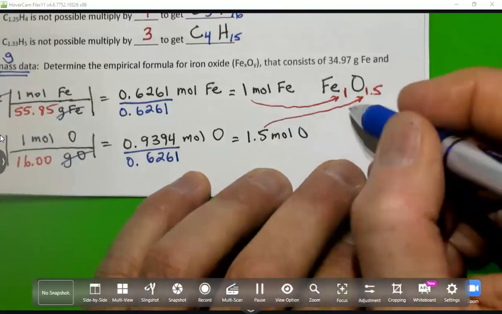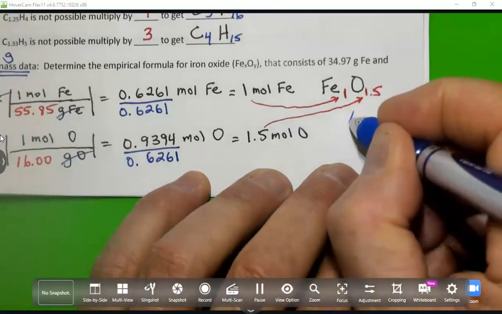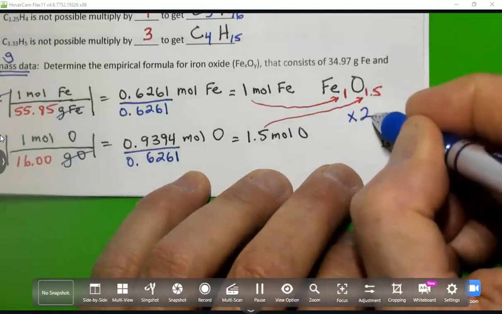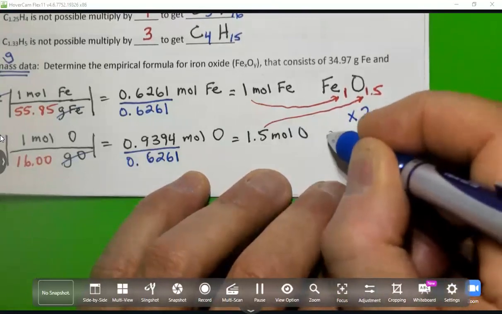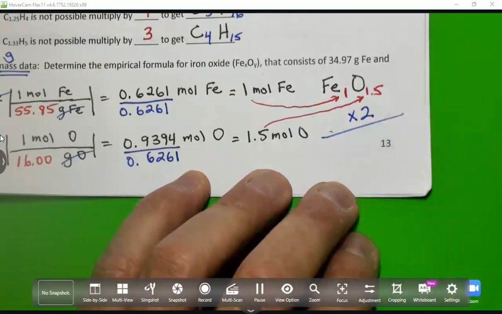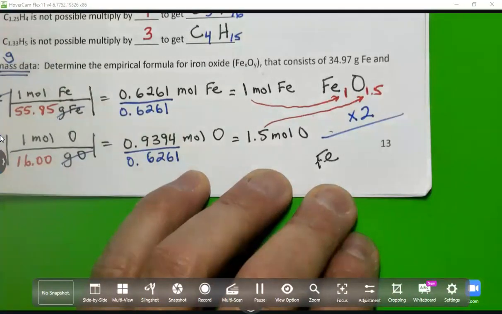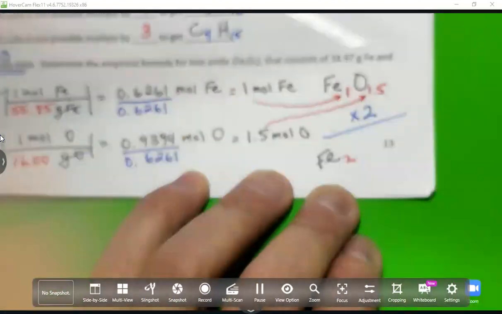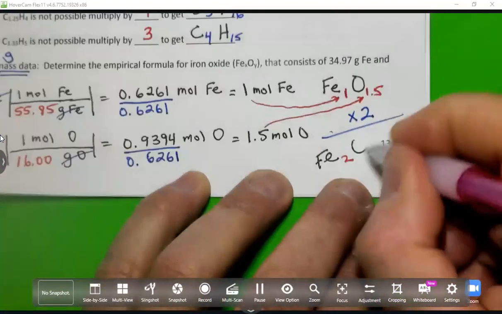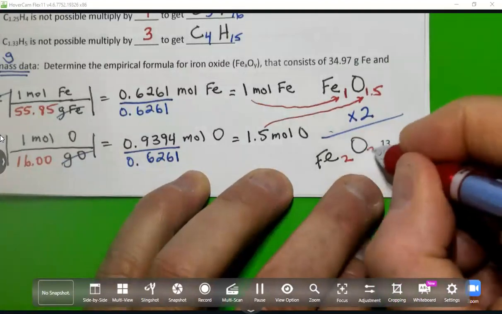So step 4 is we're going to multiply both of those by 2, correct? And if we multiply those by 2, we're going to get our final answer of Fe2O3.